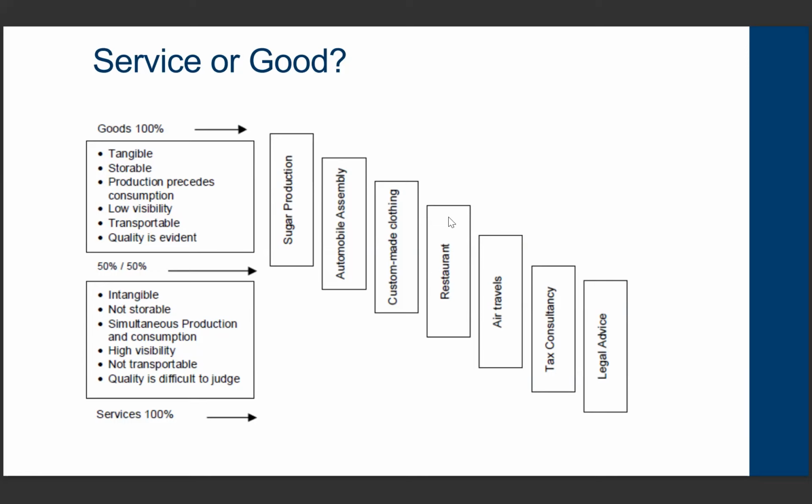That's 50-50. And even for air travel, even though it is mostly services, you can receive some goods during air travel, such as a small gift for a kid and meals during the flight. So it's mostly services, but there can be goods as well.